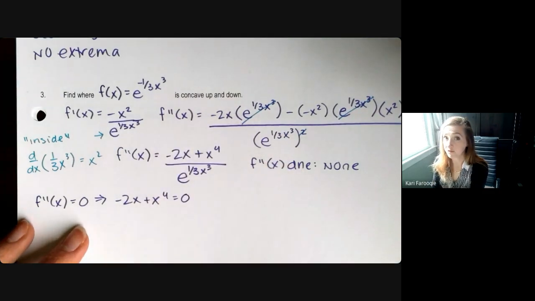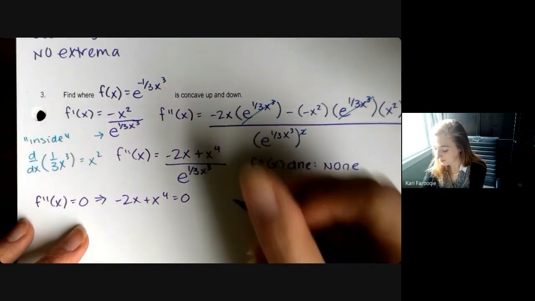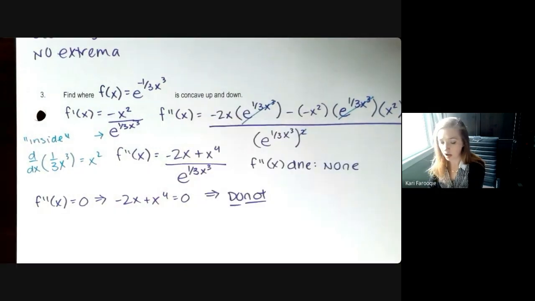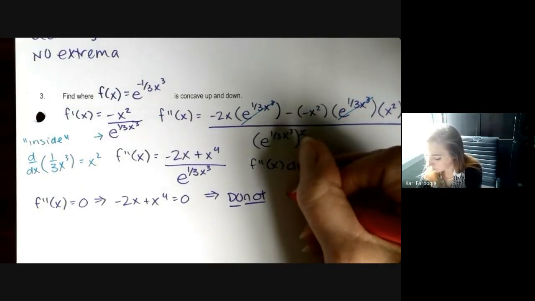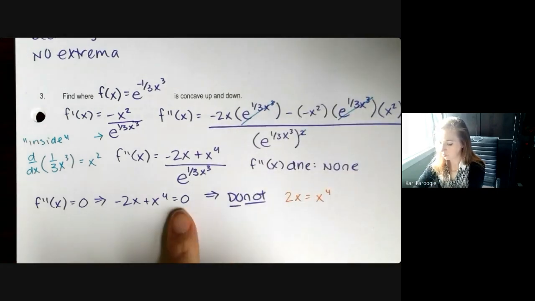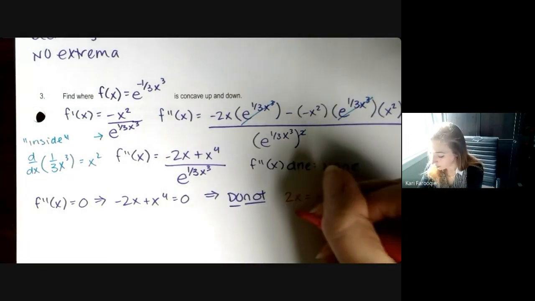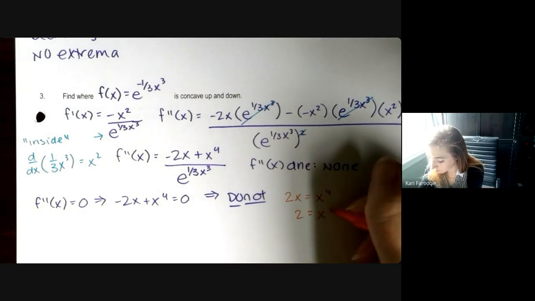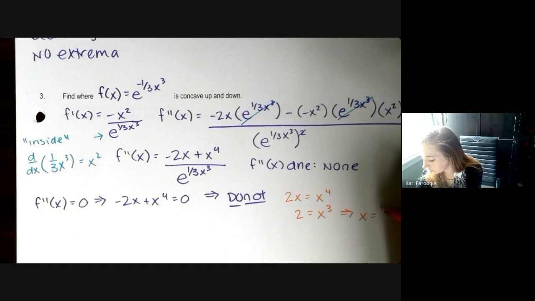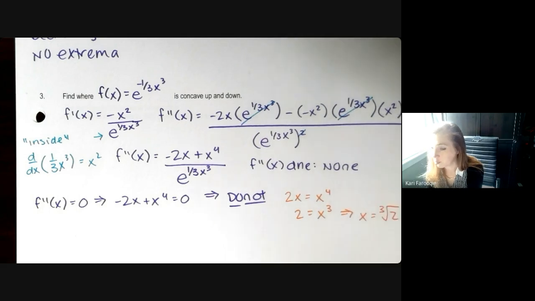Now, to solve this, remember what not to do. Don't do this, where you're like, okay, I'm going to add 2x to both sides, I'm going to cancel out a factor of x, and then I'm going to say x equals the cube root of 2.